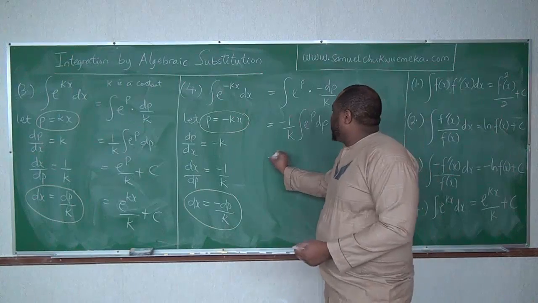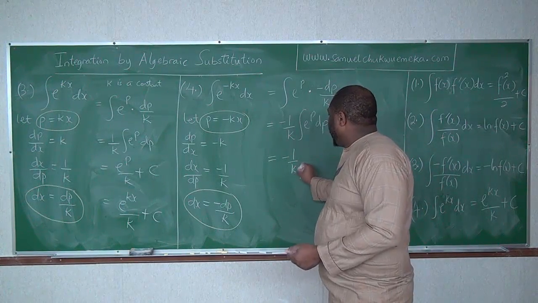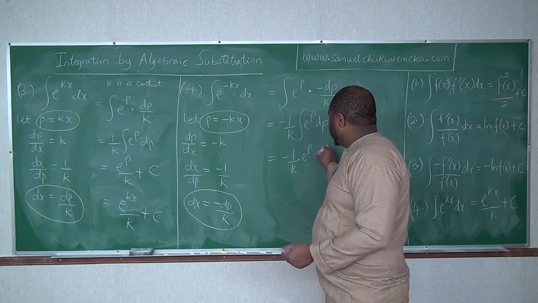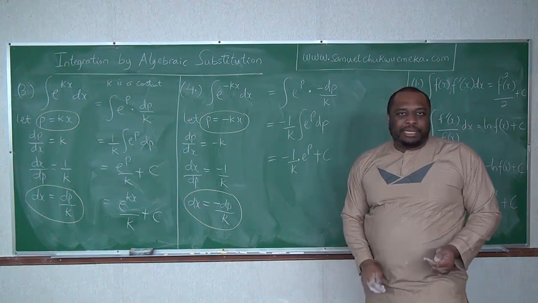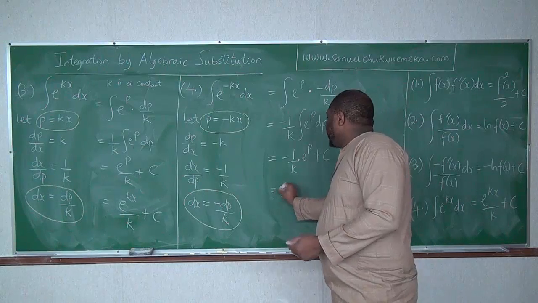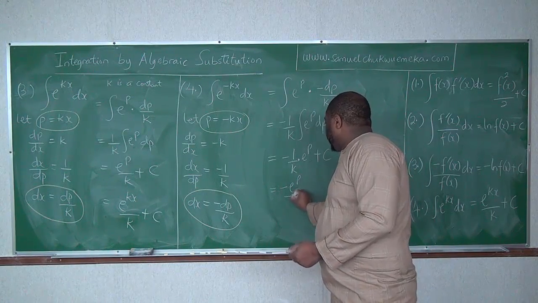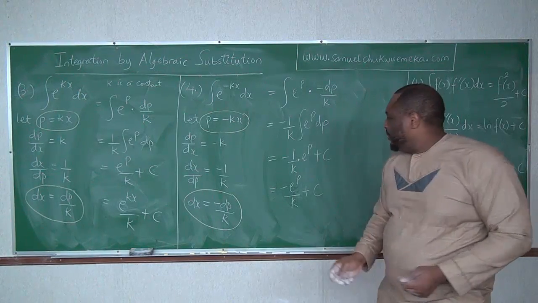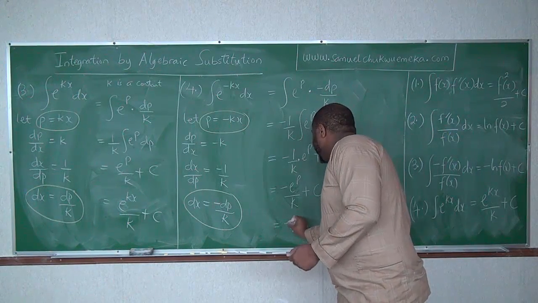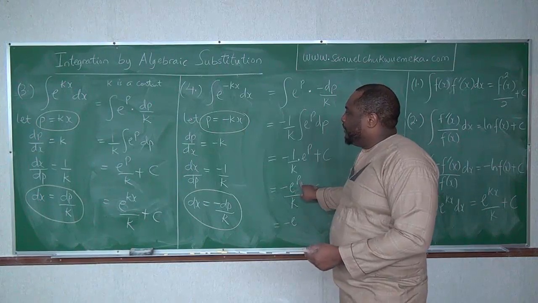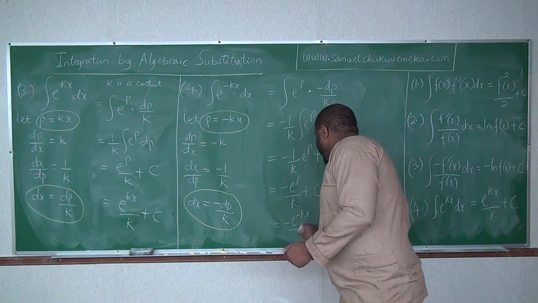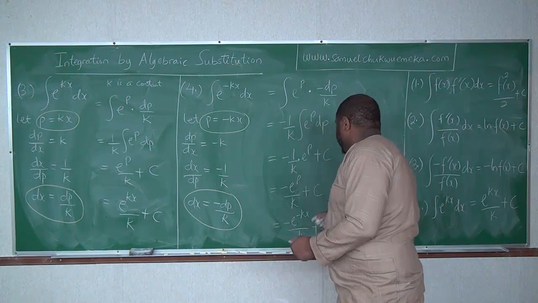So this gives us negative 1 over k, integral of e to the p dp, which gives us negative 1 over k times e to the p plus c, the arbitrary constant, which is negative e to the p over k plus c. Substituting back, p is negative kx, so negative e to the negative kx over k plus c.